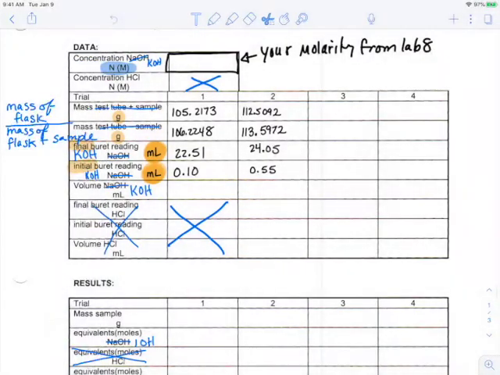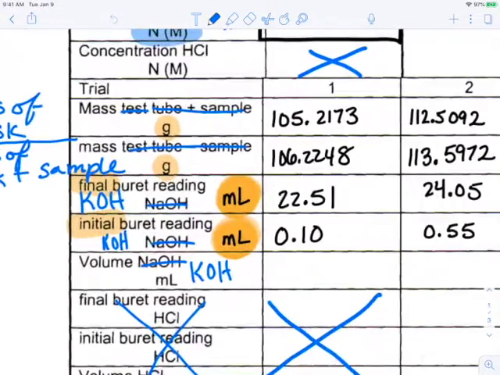Professor, did you change, like, when you crossed out the mass of test tube plus sample and the mass of test tube minus sample, did you just change what would be filled into those boxes? Yes. The way this was written once upon a time, it said mass of test tube plus sample and mass of test tube minus sample.